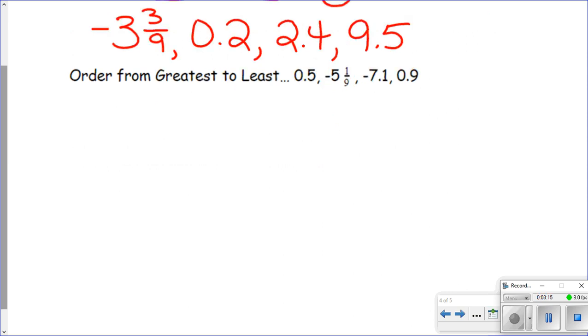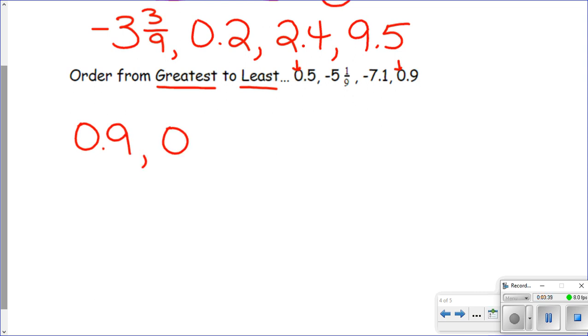In my last example, I'm going from greatest to least. So I want to ignore the negative numbers first. I'm looking at the whole numbers of my decimals next. I see both of them have a 0, so that's not going to tell me anything. Then we have a 5 and a 9. 9 is larger, so I'm going to put that one first.